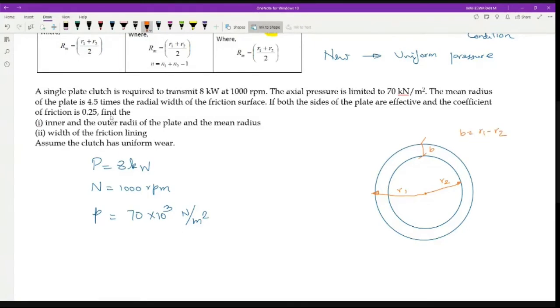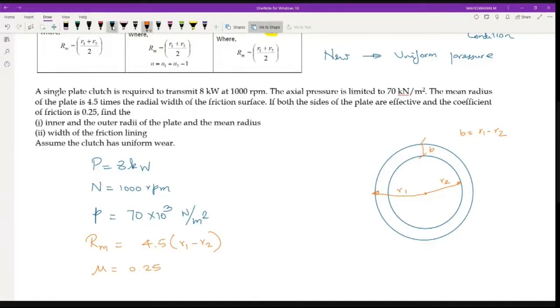In this case, they mentioned the mean radius Rm is equal to 4.5 times R1 minus R2. And they mentioned the coefficient of friction, which is equal to 0.25.